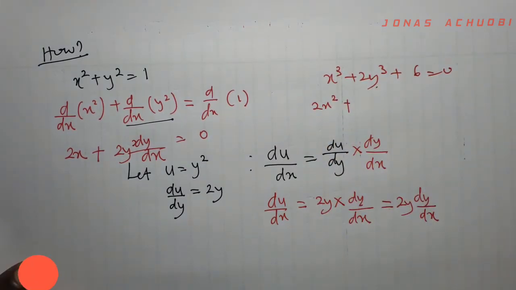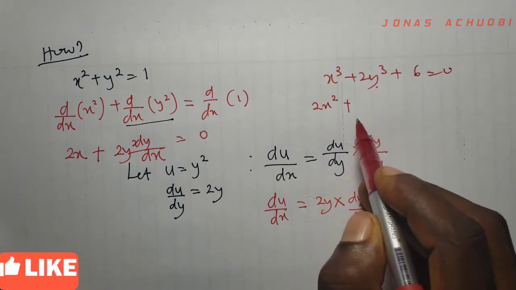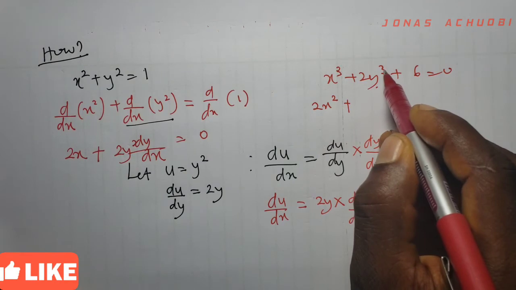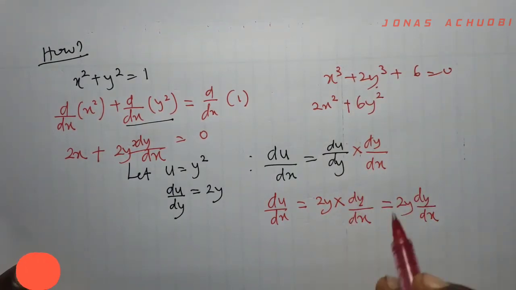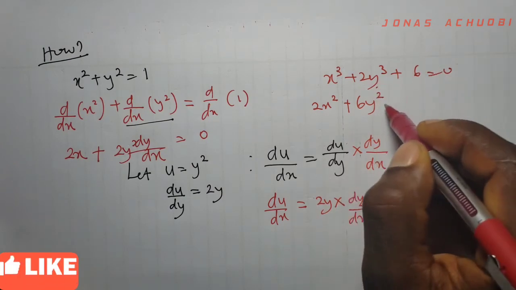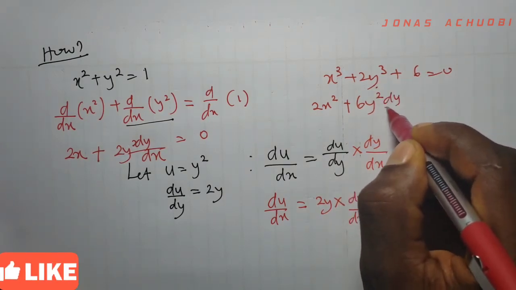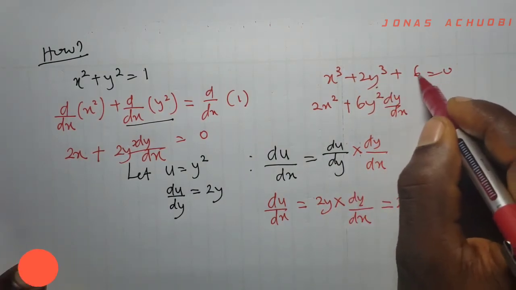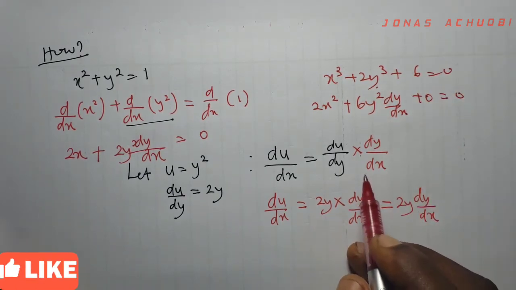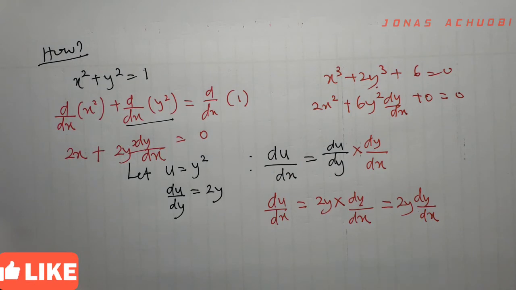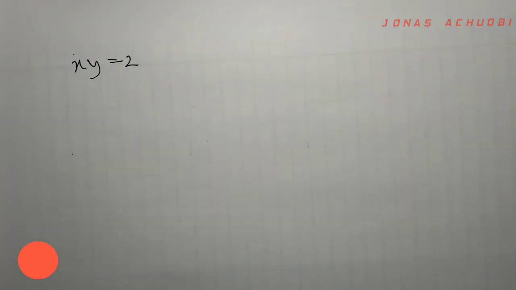I'd like you to pause the video and check what you get. If you go by the chain rule, differentiating 2y cubed gives you 6y squared. But since it's a function of y, you must multiply the derivative by dy/dx. The constant will give you 0, equal to 0. So this is how we differentiate implicitly.